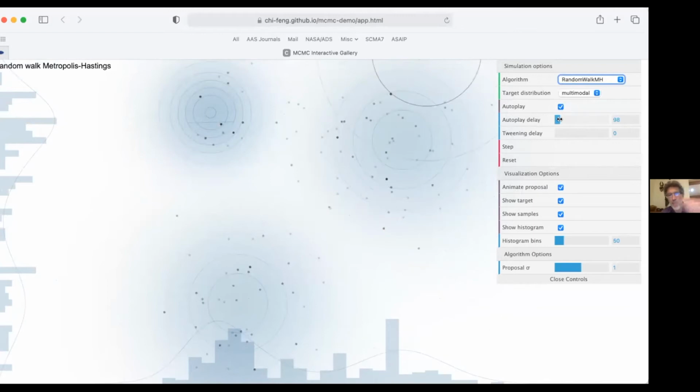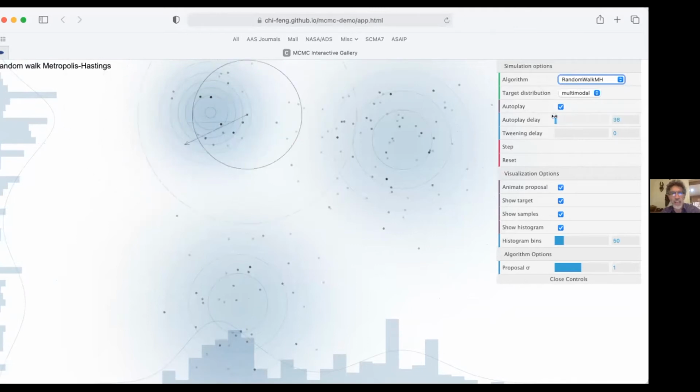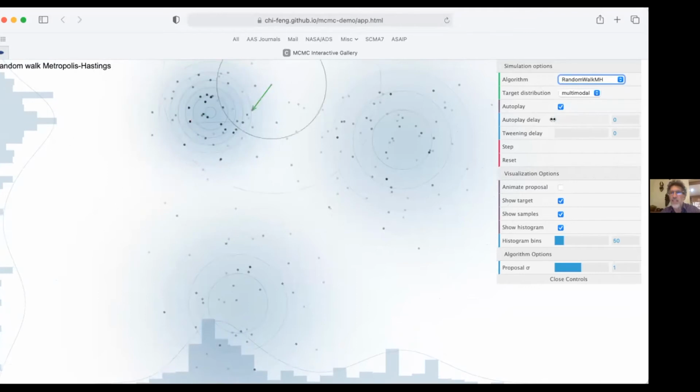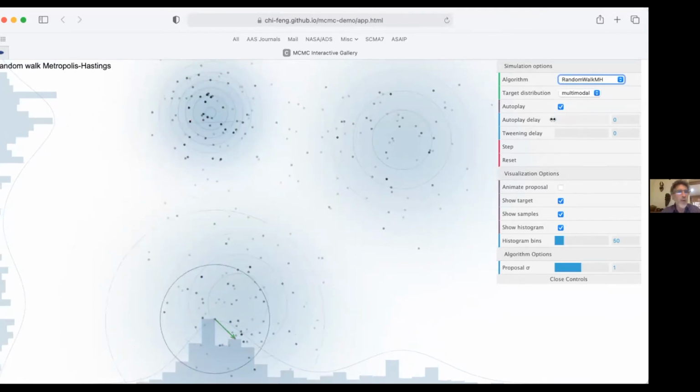It's going in a random direction, often the wrong direction, so it's less efficient in mapping out the peaks. And just depending on the size of that circle, well, it may or may not jump well between the modes. So this is a rather traditional algorithm.